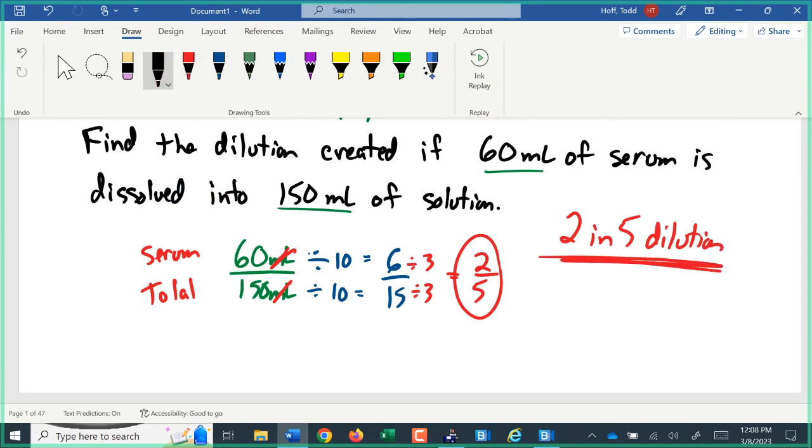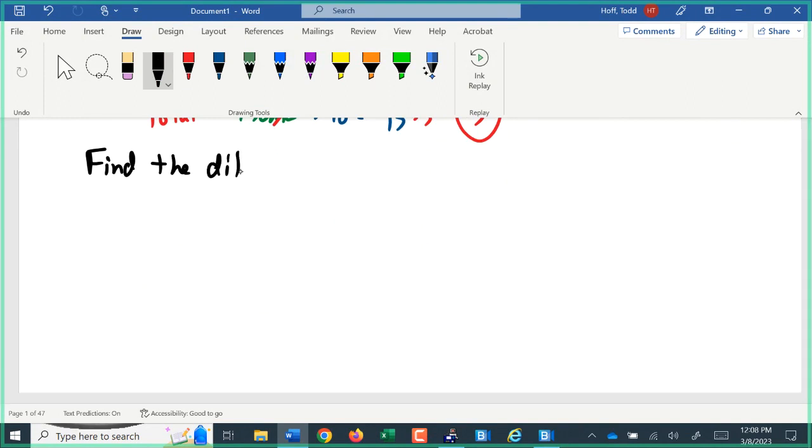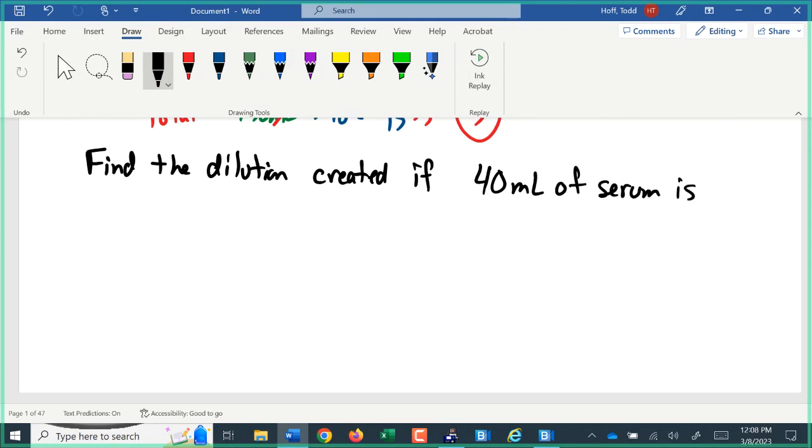Well, more common than that is to say, find the dilution created if 40 milliliters of serum is combined with 140 milliliters of saline.